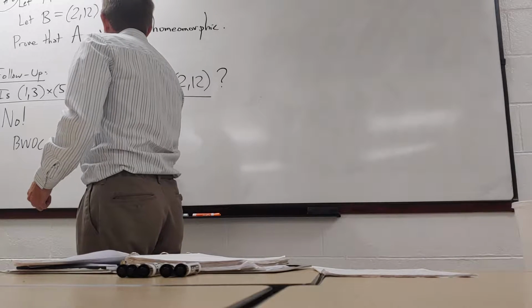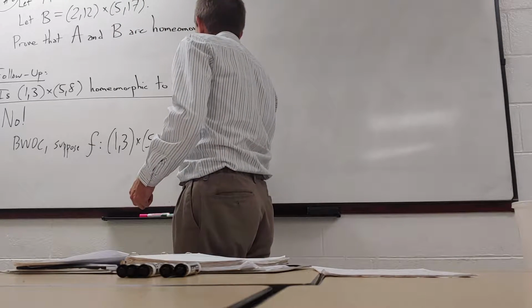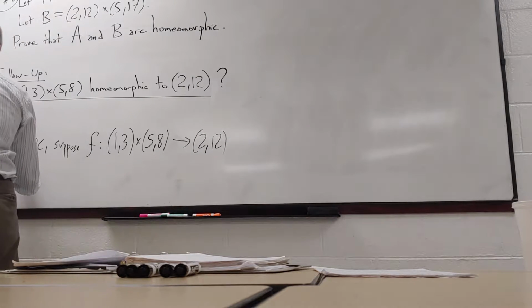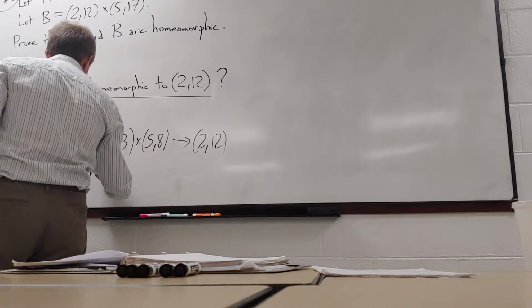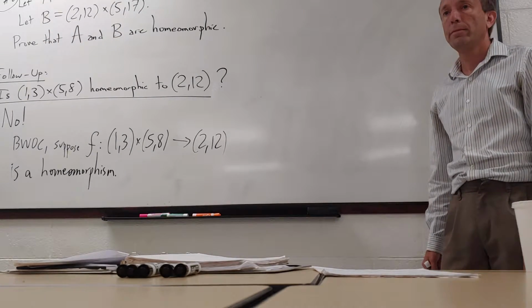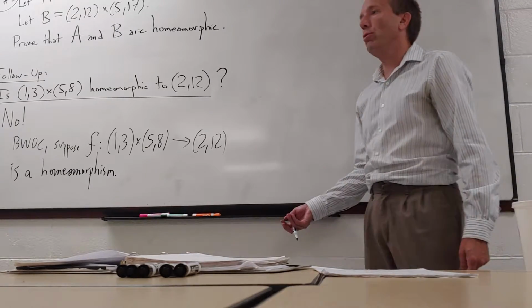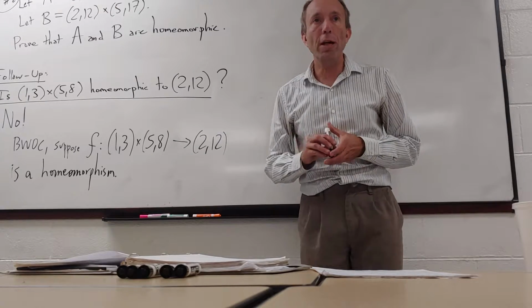So from (1, 3) cross (5, 8) going to (2, 12), I could suppose that this is a homeomorphism. But I can't say specifically that, oh, well, that means the second slot has to go to the empty set. I can't do that.